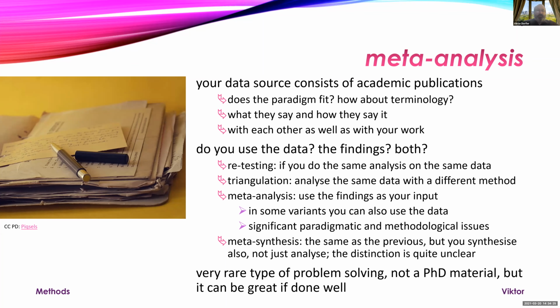Then there is a related approach which is called meta-synthesis, and this is the next logical step after the meta-analysis, so that you also do synthesis, not only analysis. But the distinction is quite unclear.